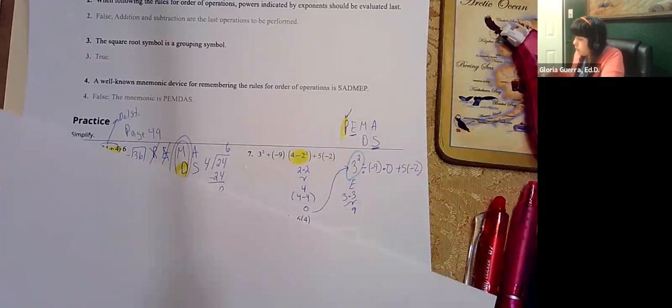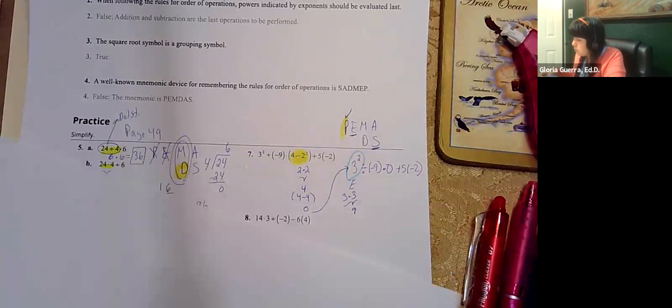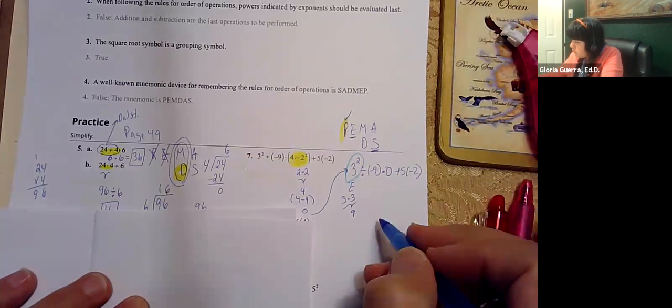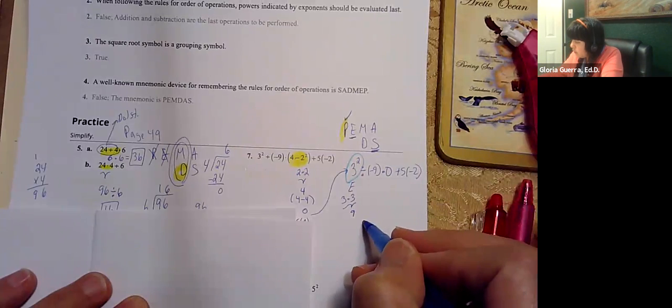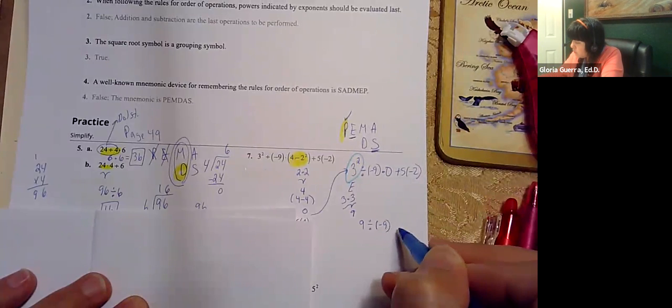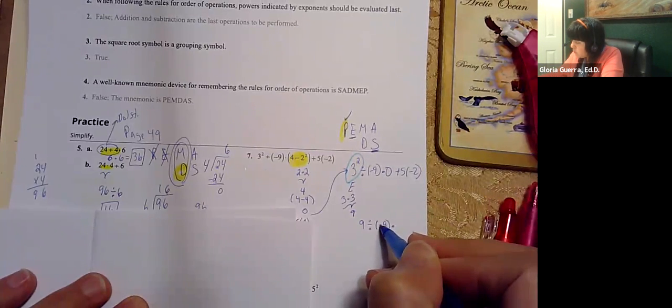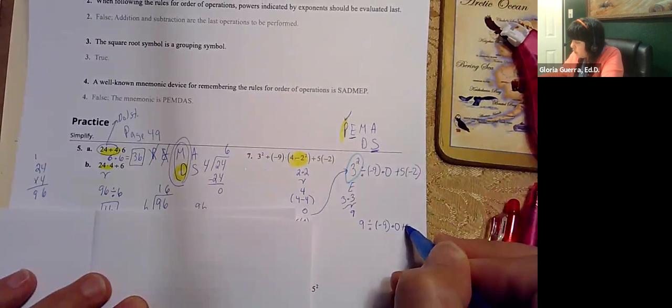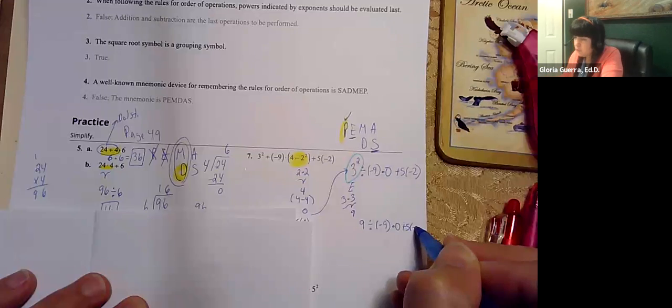So now when you rewrite your problem, this is 9 divided by negative 9 times 0 plus 5 times negative 2.